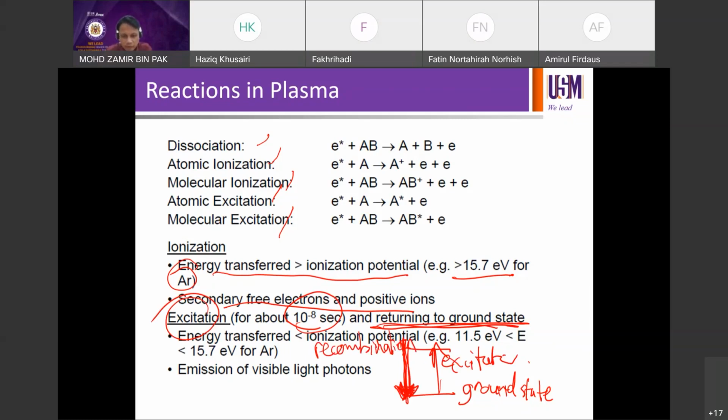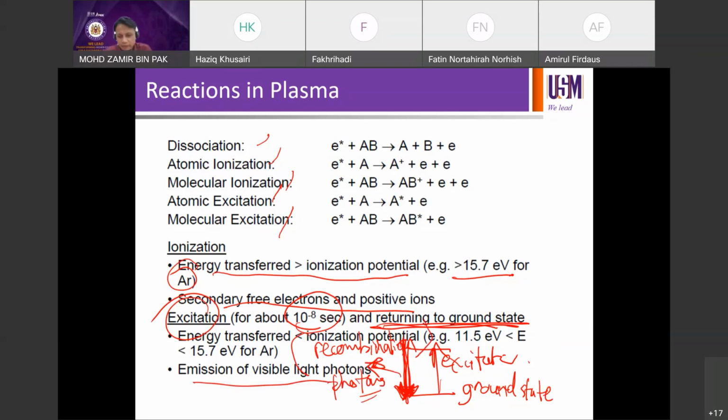As a result of the recombination process, what does it release? Photon. Yes, photons. Light emission, photons.